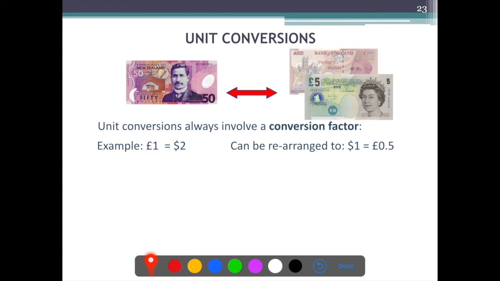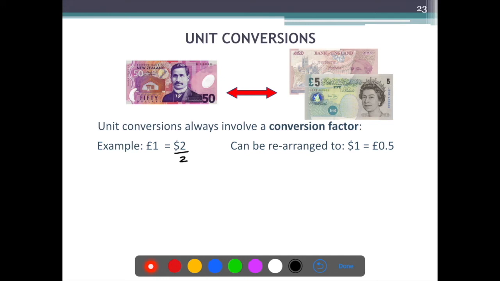In this case, 1 pound is equal to 2 New Zealand dollars, or we can rearrange that so that $1 is 0.5 pounds. We arrange that by simply dividing by 2, because we want to have $1, and any number divided by itself is equal to 1.